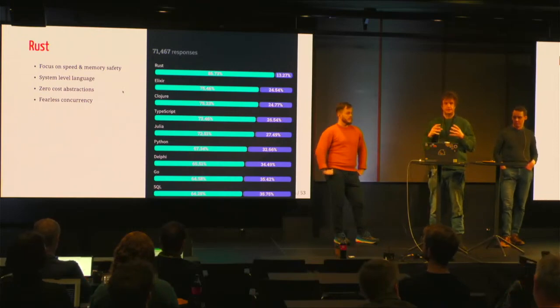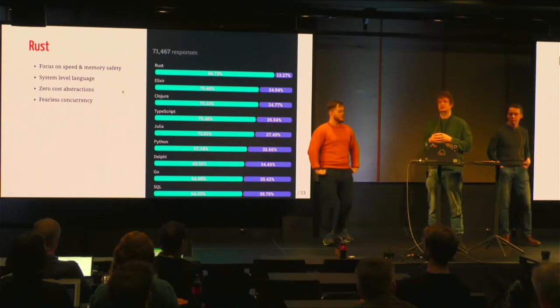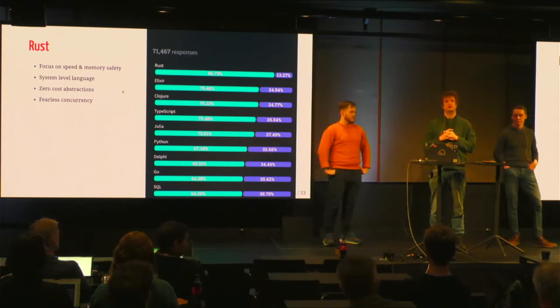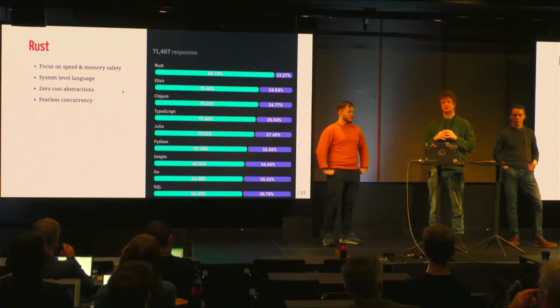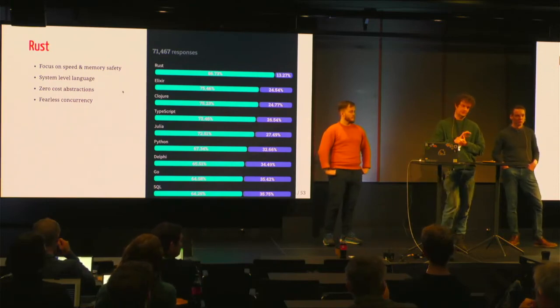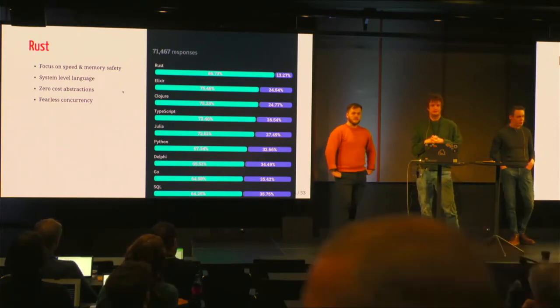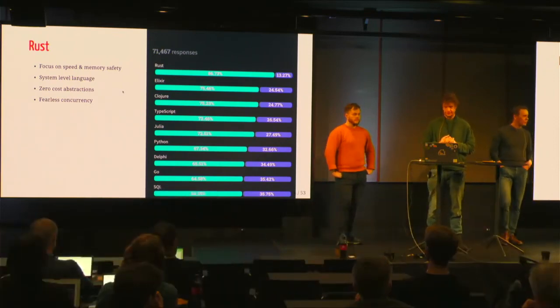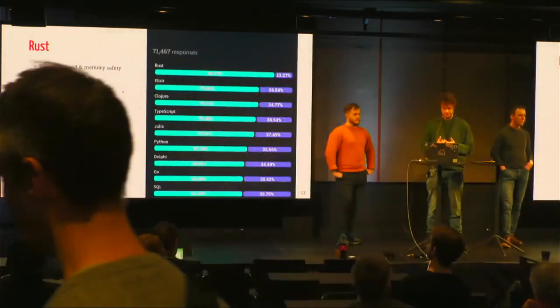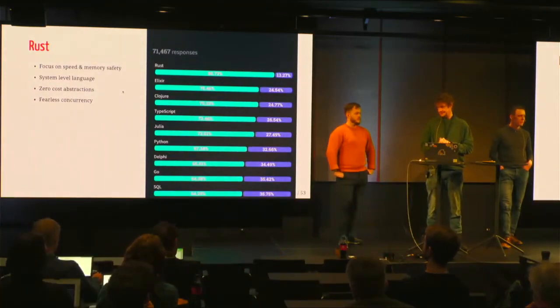It's a high-level language which also allows you to access low-level features. You can write, for example, operating systems with Rust or software on embedded devices. So it gives you access to the machine hardware.